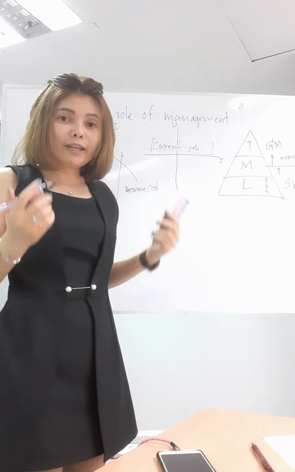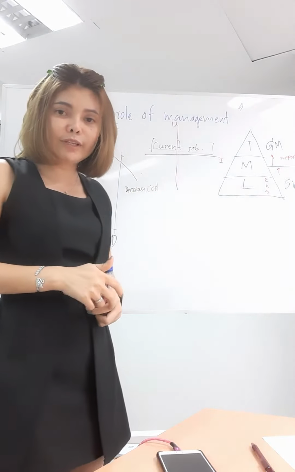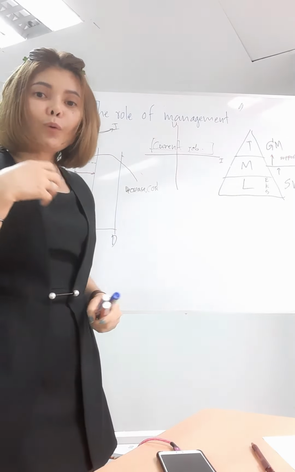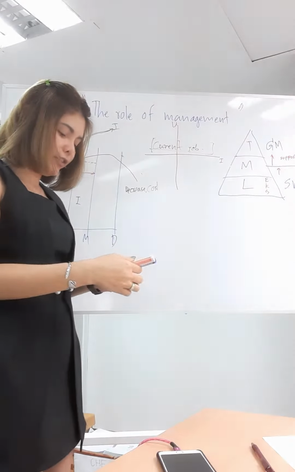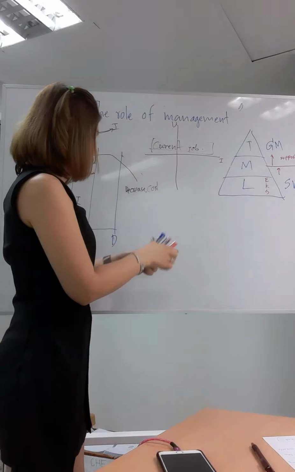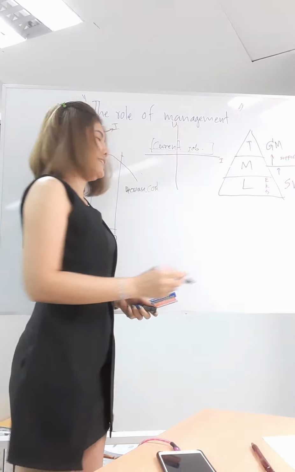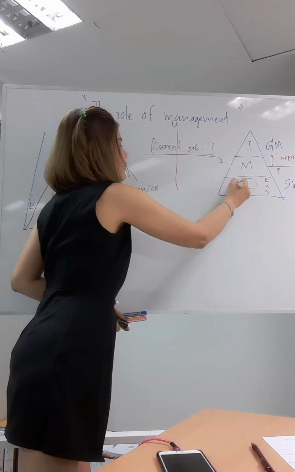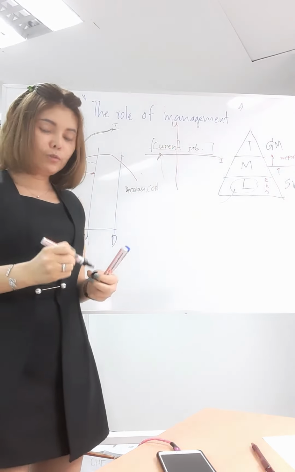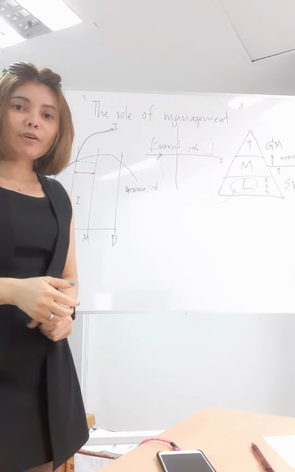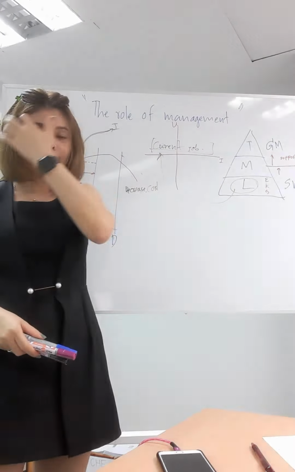This is the urgent thing to do. Who has to take care of the urgent thing? What do you think? This is the low management task, because this is the current job, like a routine job, right?